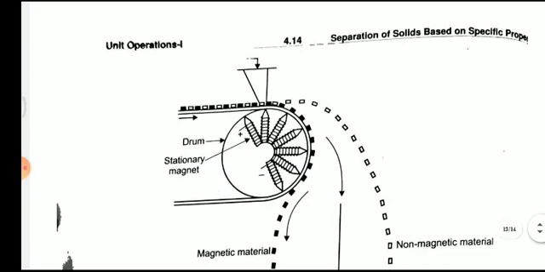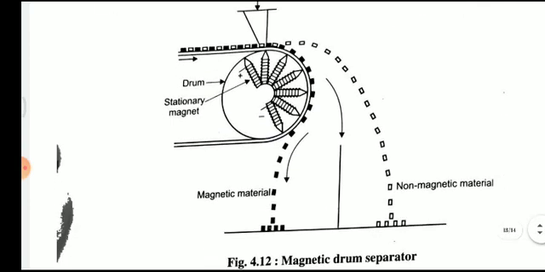So exactly, in the magnetic drum separator, as we see, a drum is directly connected with the pulley which is driven by the electric motor, and then this magnetic drum is connected by the belt conveyor to the belt, which is like that.